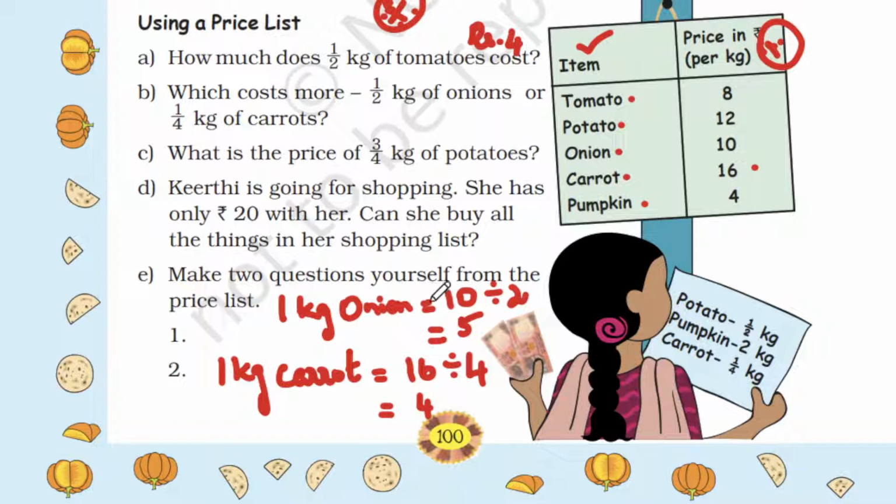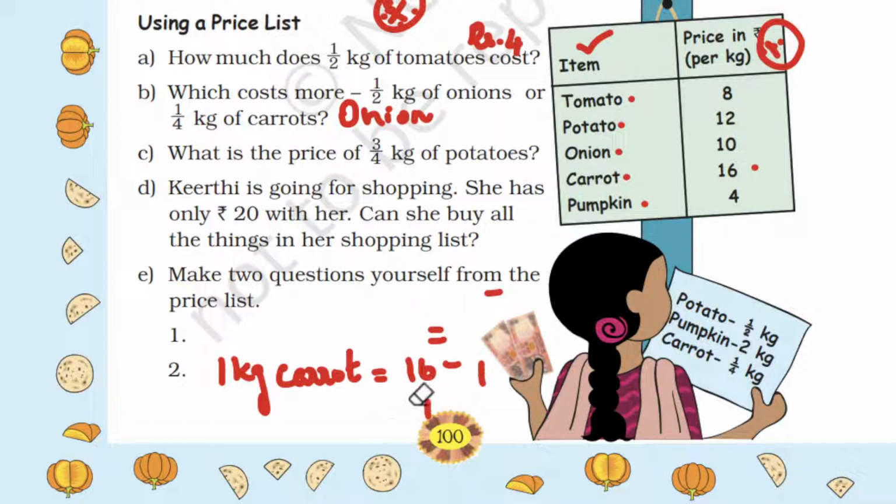Okay. So half kg of onion is rupees 5. 1/4 kg of carrot is rupees 4. So which costs more? Onion. So we need to write the onion here. Students, this is your exam question. So please watch very carefully.